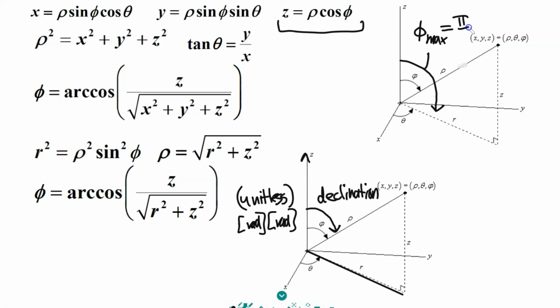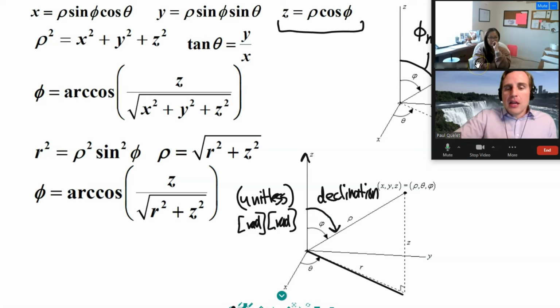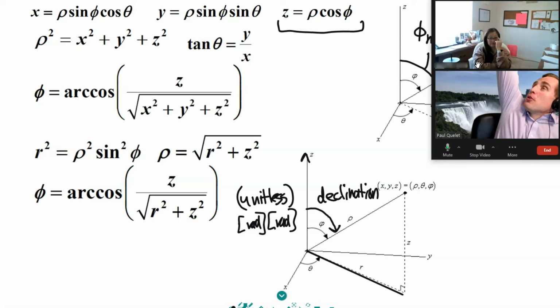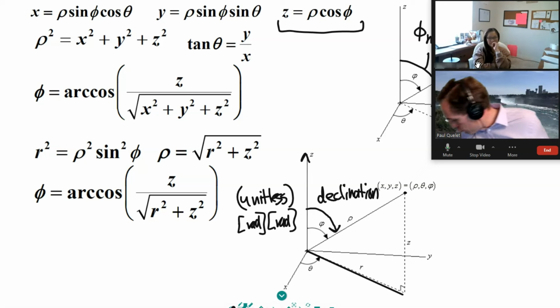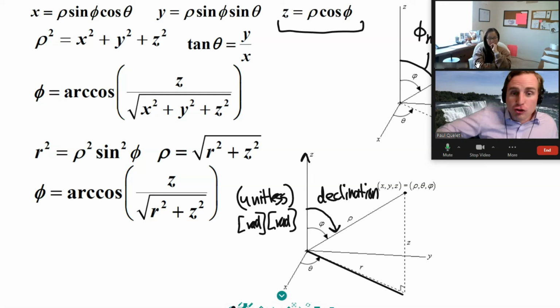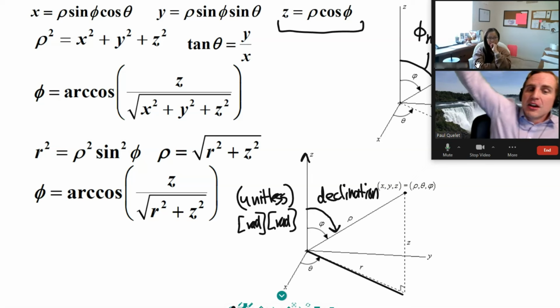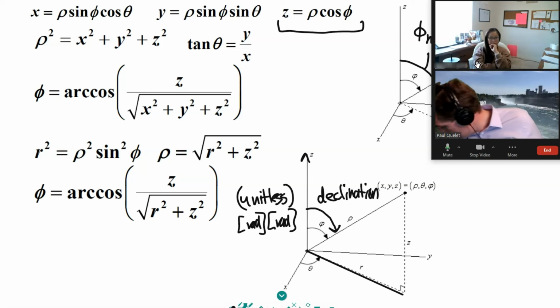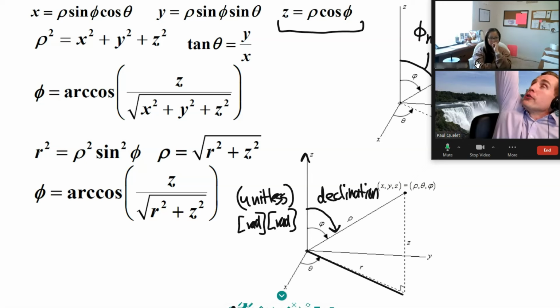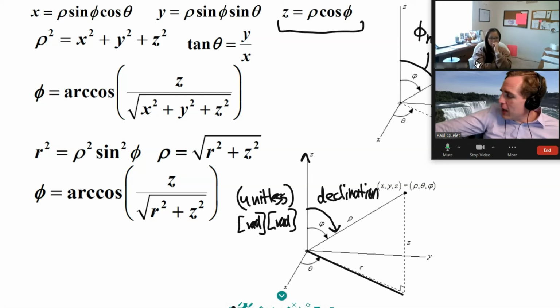Because think about it: if you go from straight above you, the North Star, to the ground below you, like imagine you're integrating down to your feet, you go from 0 to pi. But if you're going from the North Star and eventually end up at the horizon, you go from 0 to pi over 2. So that's why you end at the xy plane, and it's pi over 2.